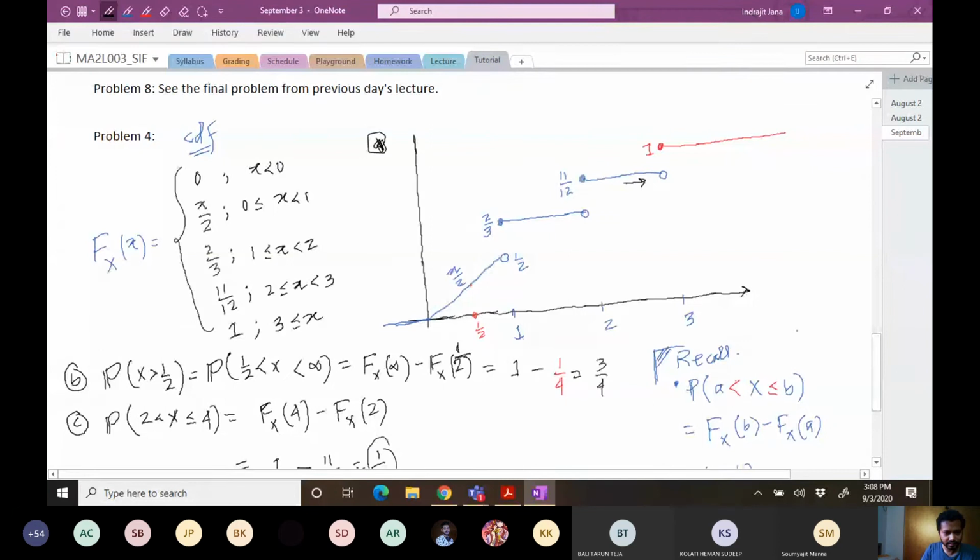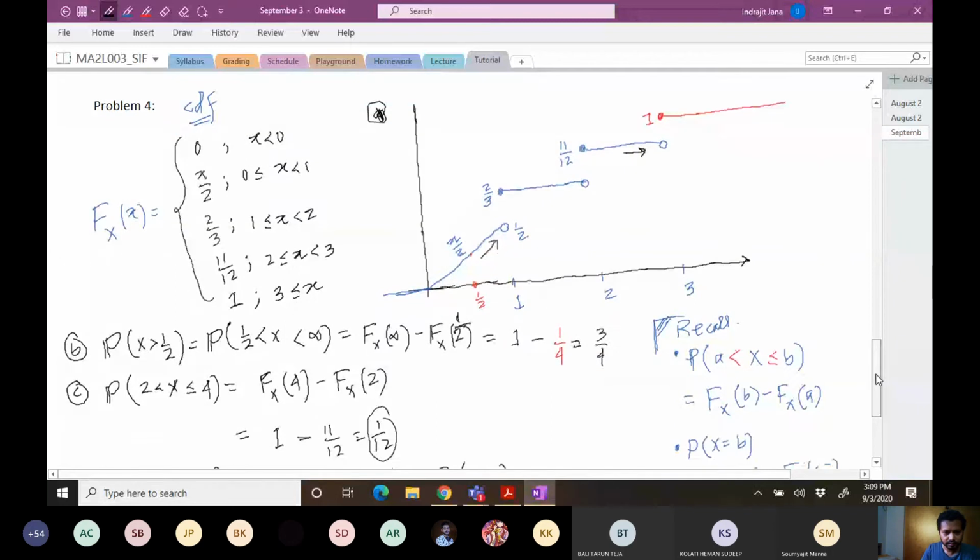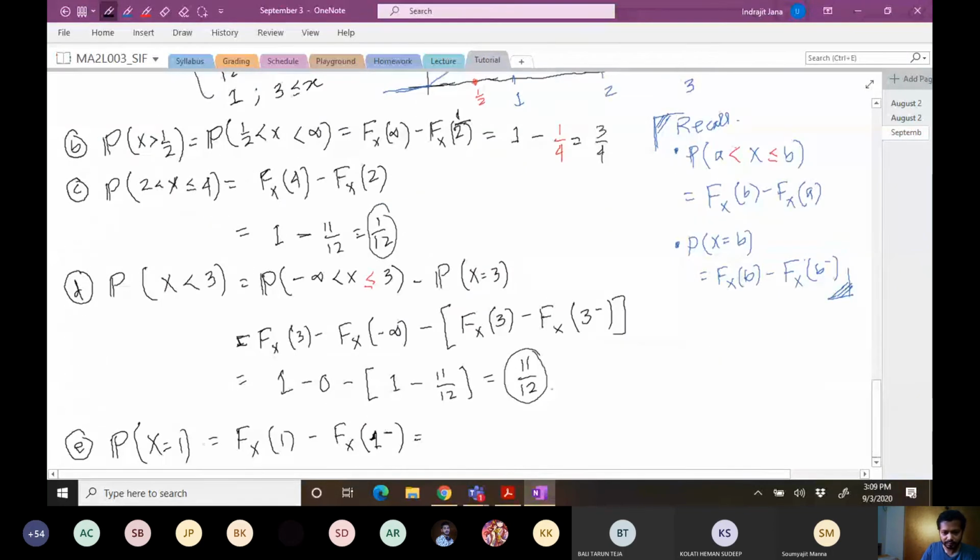When x is equal to 1, it is 2/3, and at 1 minus, if you approach 1 from the left side, you reach 1/2, but at 1 it is 2/3. So it is 2/3 minus 1/2, which is 1 over 6. That's it. Okay, so this was problem 4.